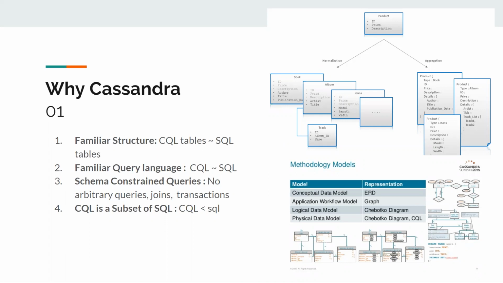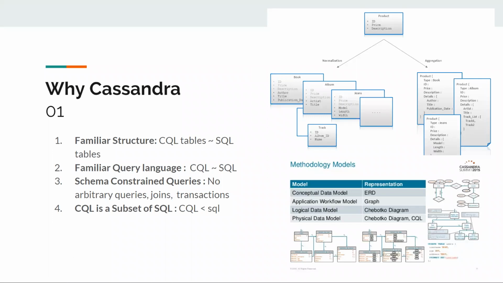Well, it has a familiar structure. CQL tables, Cassandra Query Language tables, look and feel like SQL tables. So if you're coming from Oracle or SQL Server, you can look at a schema declaration and know what it is, right?